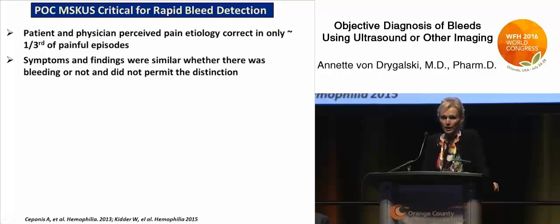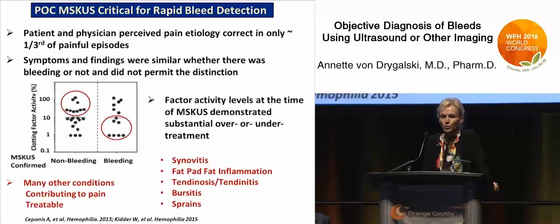So the data behind all of this is truly that patient and physician perceived pain etiology has been shown to be correct in only about a third of painful episodes. Symptoms and findings are so similar whether there is bleeding or not, and did not permit the distinction. This leads to factor activity levels at the time of ultrasound, at least in this study, that showed substantial overtreatment in patients who actually didn't have bleeding, or undertreatment in those patients who had bleeding.